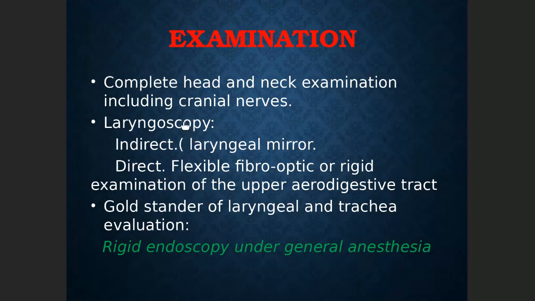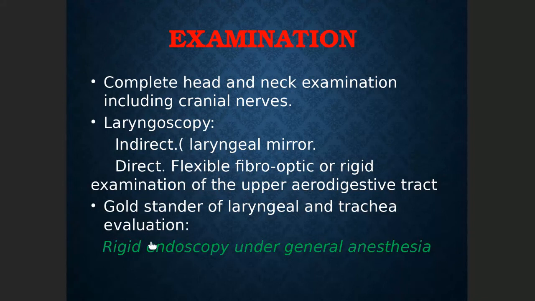Laryngoscopy, the specific examination of the larynx, can be indirect or direct. It can be indirect by using a laryngeal mirror, passing through the mouth and looking down to the larynx, or direct by flexible fiber optic or rigid scope. Then we examine all the area.